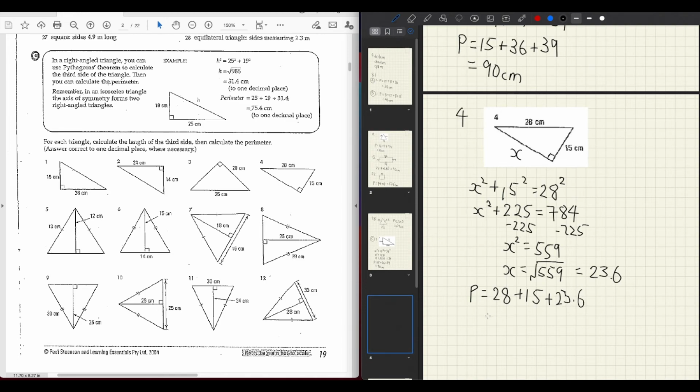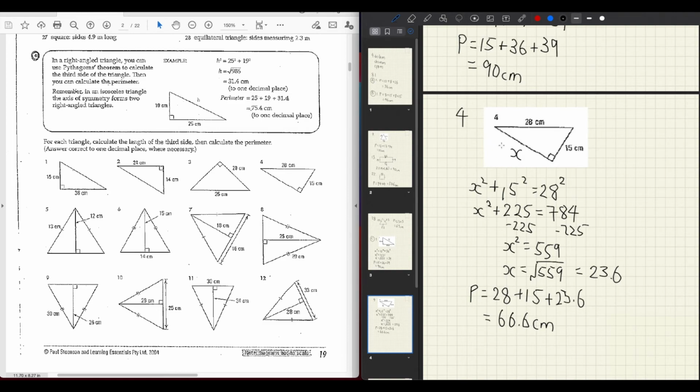Alright, and this should give you 43 plus this is 66.6. It's an interesting number there. Now the unit should be what? Centimeters. Okay, so that's question 4 for you.